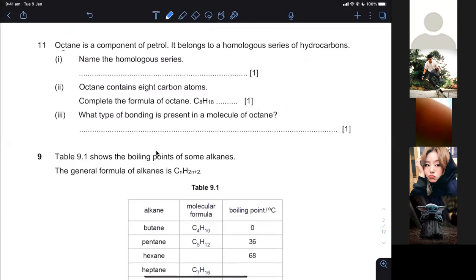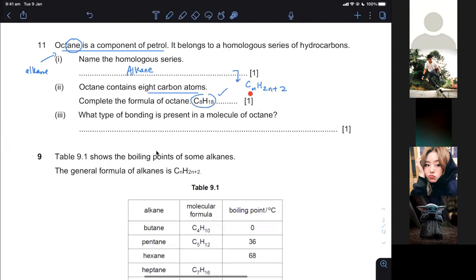So octane is a component of petrol. As you can see, the name suggests that it is of the alkane family. So the homologous series there will be alkane. Octane contains 8 carbon atoms. As you know from alkane, you have CnH2n+2. So complete the formula. Well, in fact, they already gave you the complete formula.